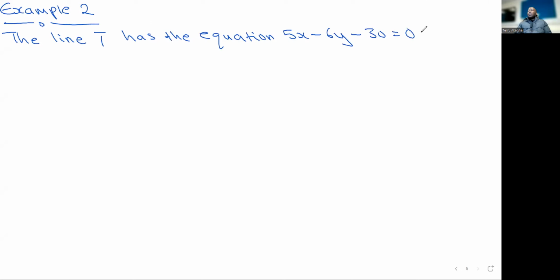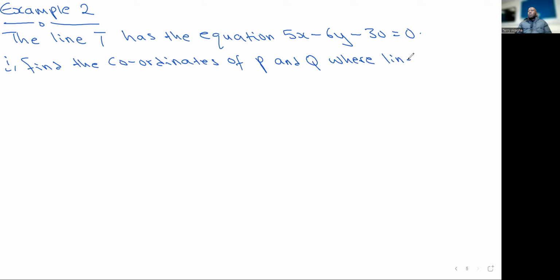And then we're told to find the coordinates of P and Q where line T crosses the coordinate axis. When we say the coordinate axis, we're referring to the X and Y axis.